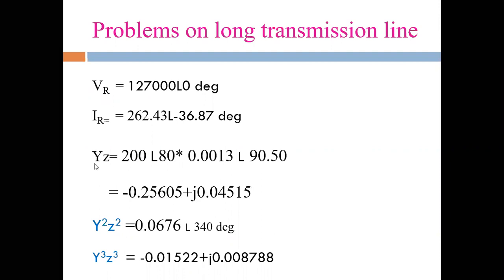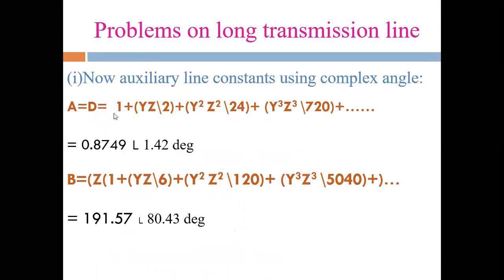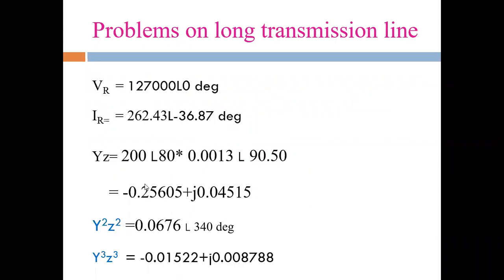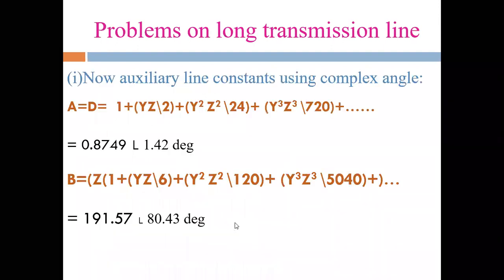That is the YZ value. Substitute 1 plus YZ by 2 plus Y square Z square, that means 0.0676 at an angle of 340 degrees.